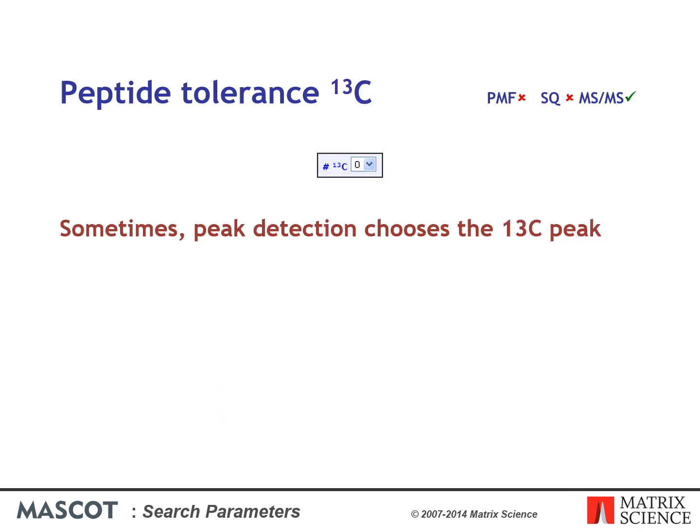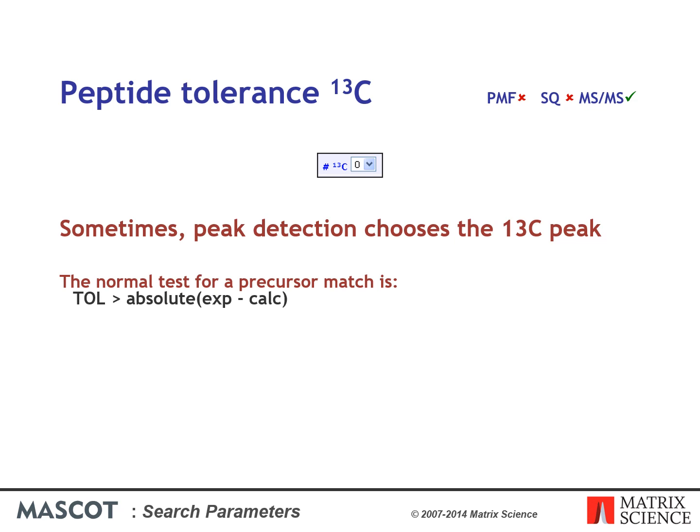Sometimes peak detection chooses the 13C peak rather than the 12C. In extreme cases, it may pick the 13C2 peak. The normal test for a precursor match is that the specified tolerance is greater than the absolute value of the experimental peptide mass minus the calculated mass.